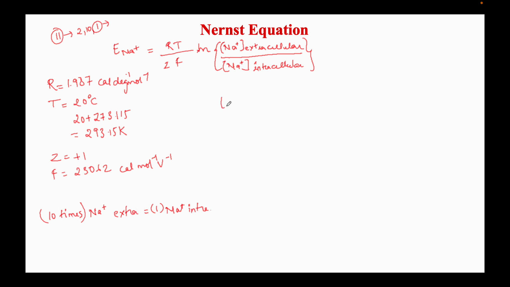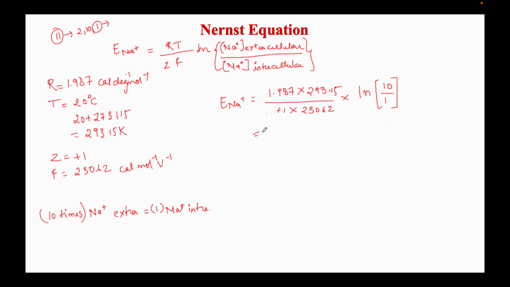So let's plug in the values. We'll have gas constant 1.987 into T, which is 293.15, upon valency plus 1 into Faraday's constant 23062, into natural log of, extracellular being 10 times that of intracellular, so it will be like this.